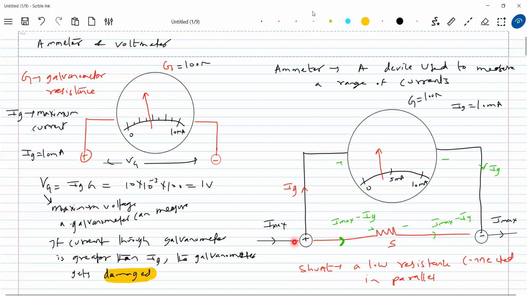So when you apply that maximum current, it is the current which has to be measured. What is this I max? A current to be measured. What is our goal? We have to measure this I max.